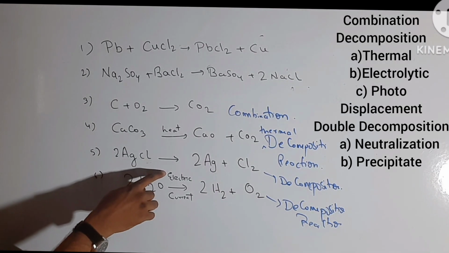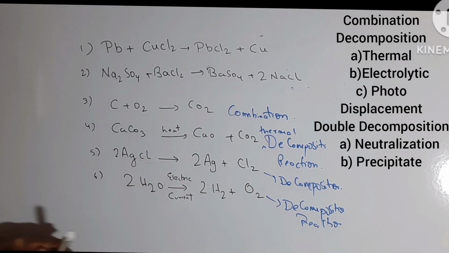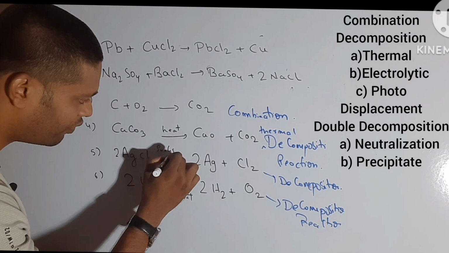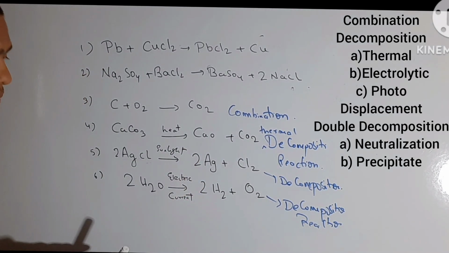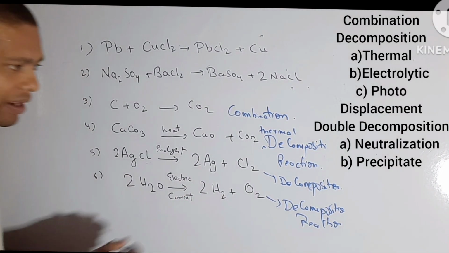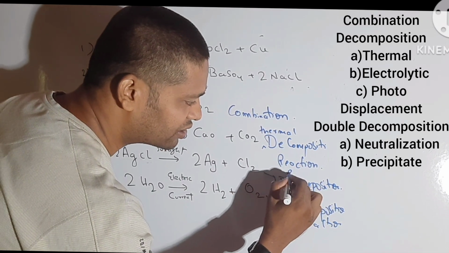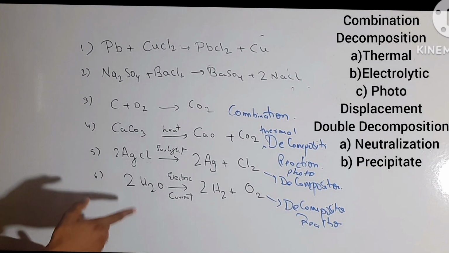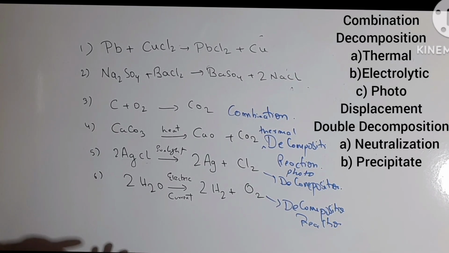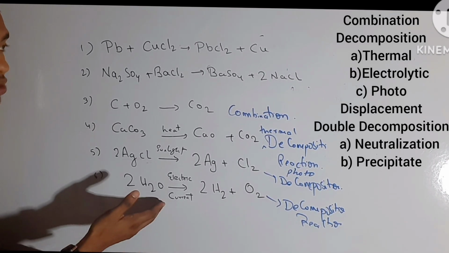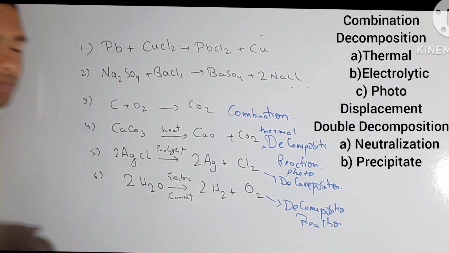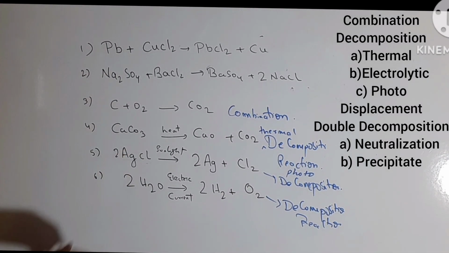Now here, sir, if I am not wrong, this is because of sunlight. You forgot to write. Yes, silver bromide, you remember silver chromate. So it's a photo decomposition reaction. Electric current means, because of the electric current the decomposition takes place, so electrolytic decomposition.